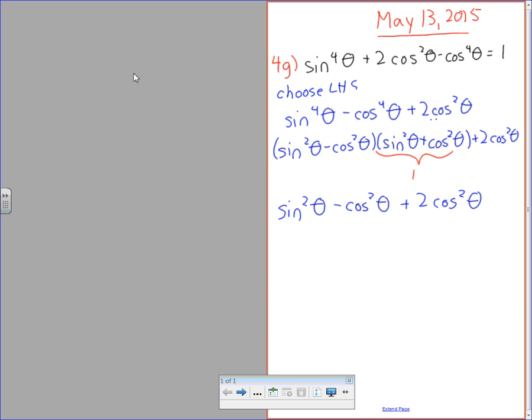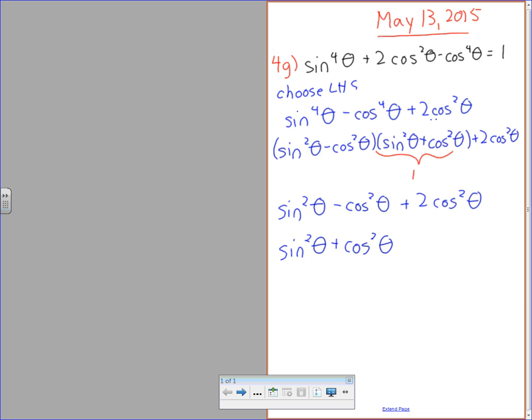If I see sine squared theta minus cos squared theta plus 2 cos squared theta, how is that going to help? Good. So what's minus cos squared theta plus 2 cos squared theta equal to? Plus cos squared theta. So I'm left with sine squared theta plus cos squared theta. What is that equal to?